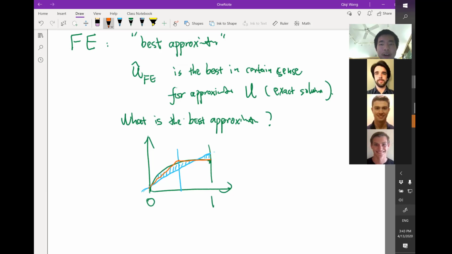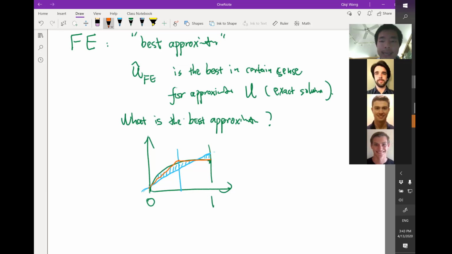And if I keep refining, how fast do I approach a zero error solution? Right. So this is really the crux of a finite element error analysis, which is to bound the error that could be made by the most accurate approximation.